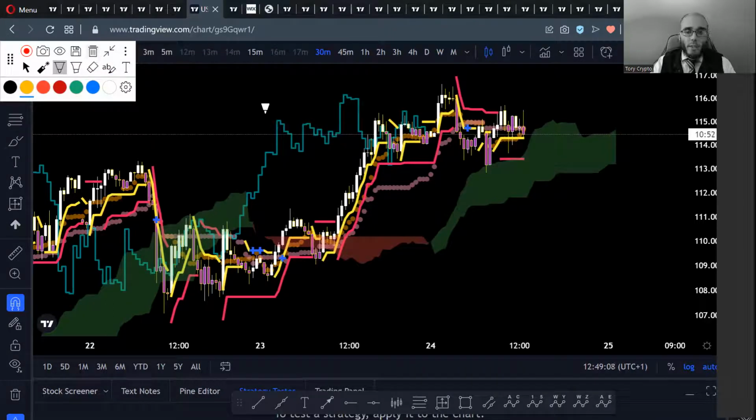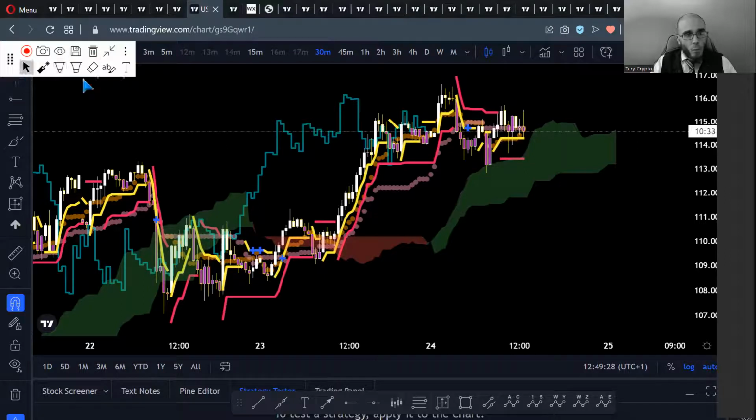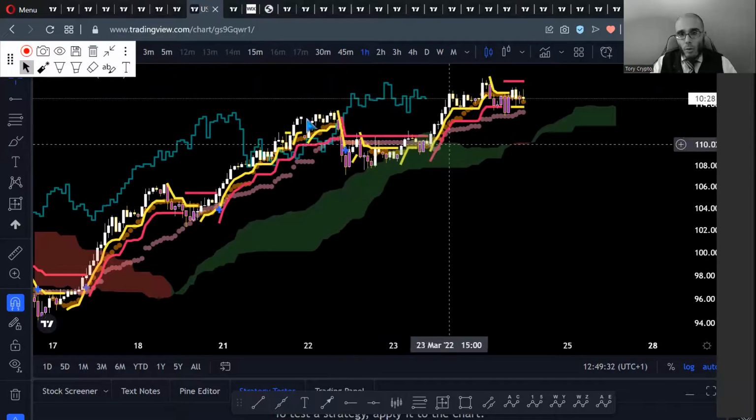The only question right now, if I want to go short, is will I be more aggressive and go short once I get a sell signal on the 30-minute chart, or since there's a certain amount of insecurity, do I wait for the 1-hour chart to turn bearish?